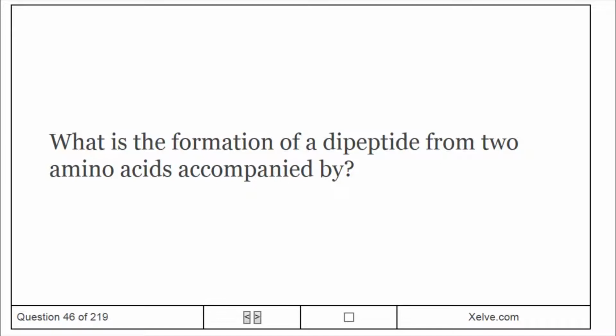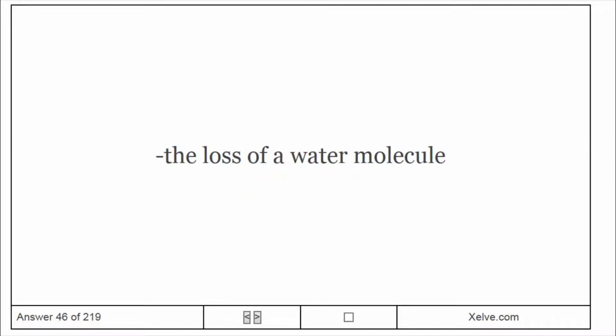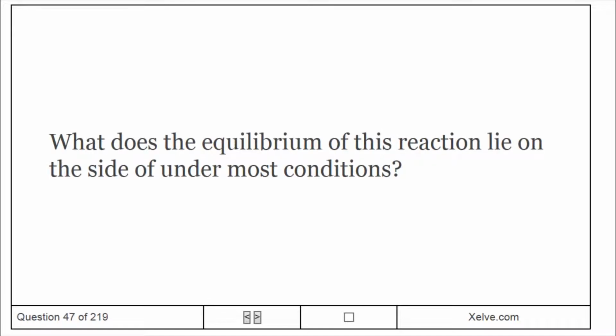What is the formation of a dipeptide from two amino acids accompanied by? The loss of a water molecule. What does the equilibrium of this reaction lie on the side of under most conditions?